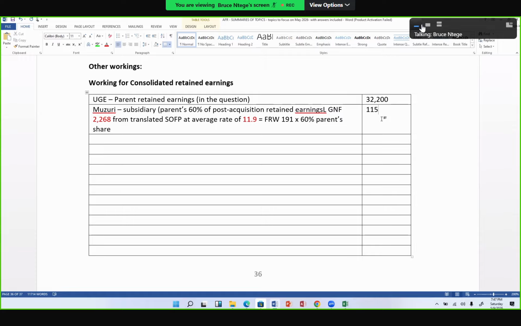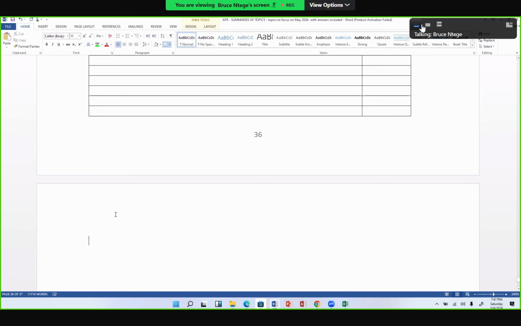Okay, so I'll do the same also for the non-controlling interest. Let's pick this before we forget it. I have a working for the non-controlling interest, and I want to put a table in there.